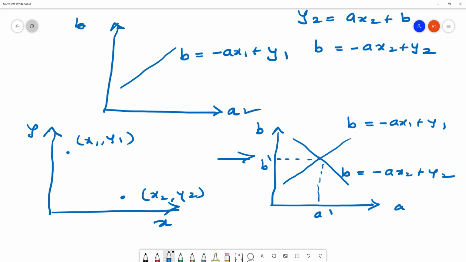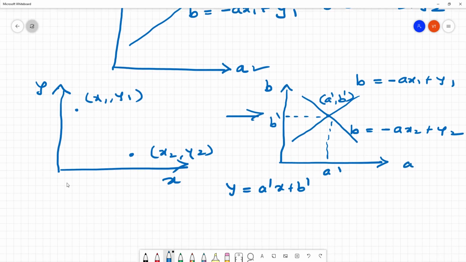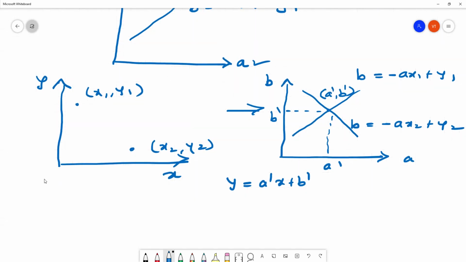The point of intersection in the AB plane is noted as a dash, b dash. Using this a dash, b dash in the standard slope intercept form, y equal to a dash x plus b dash, we get a line that passes through x1, y1 and x2, y2 in the XY plane.